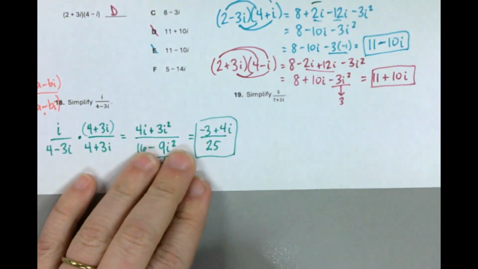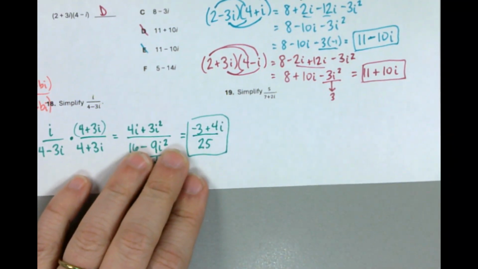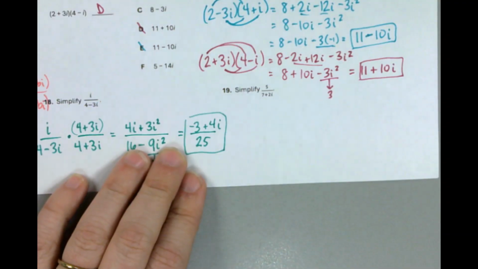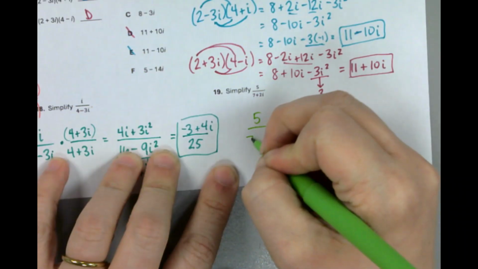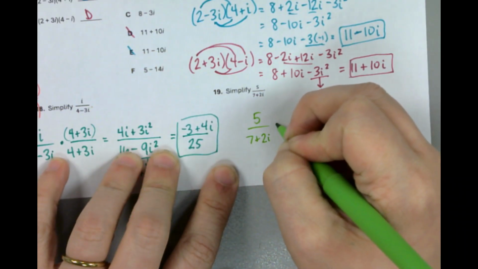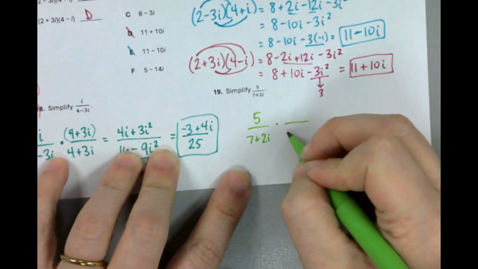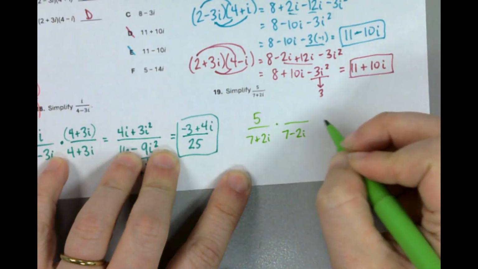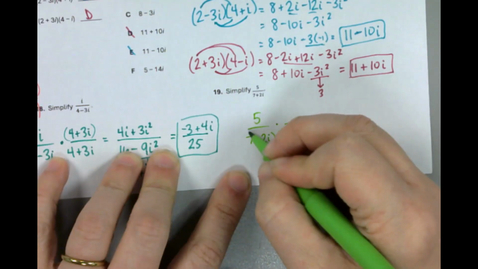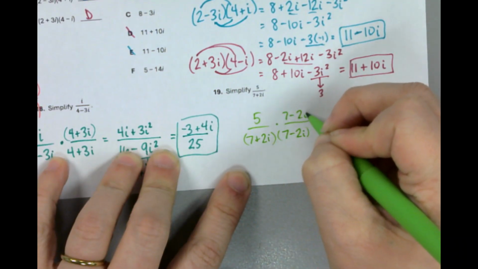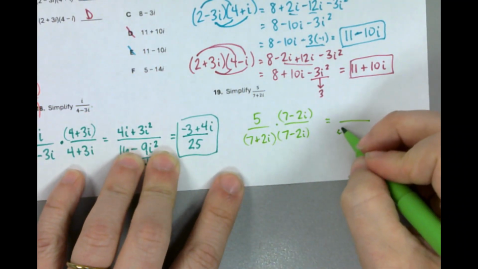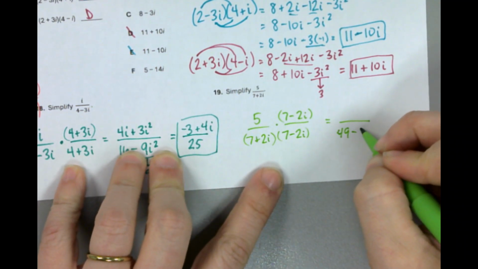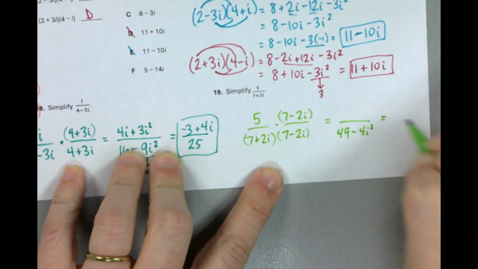Our next one, number 19, simplify 5 over 7 plus 2i. If we have 5 over 7 plus 2i, then we need to multiply by 7 minus 2i. 7 minus 2i. Remember, this is a difference of squares, so 49 minus 4i squared.